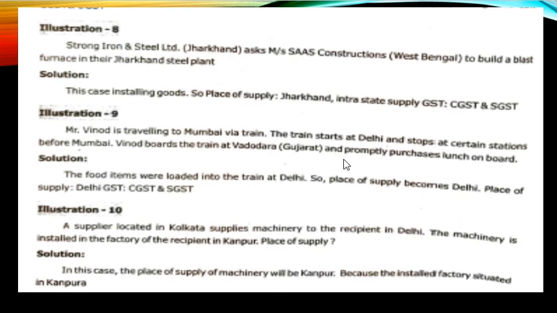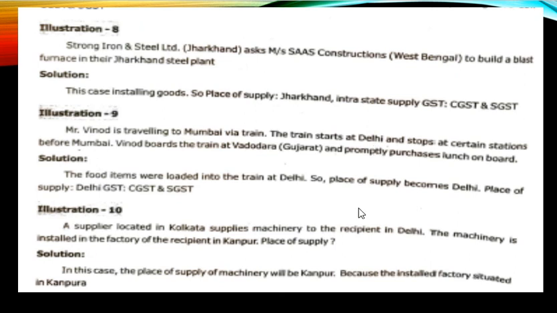So Delhi will be considered as the place of supply for any services or conveyance provided during the travel. So when he buys something, it can be lunch, it can be snacks, it can be anything, the place of the first departure of that particular travel will be considered as the place of supply. So here the place of supply will be Delhi.